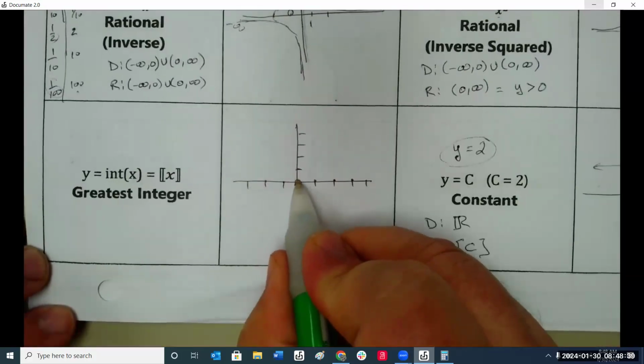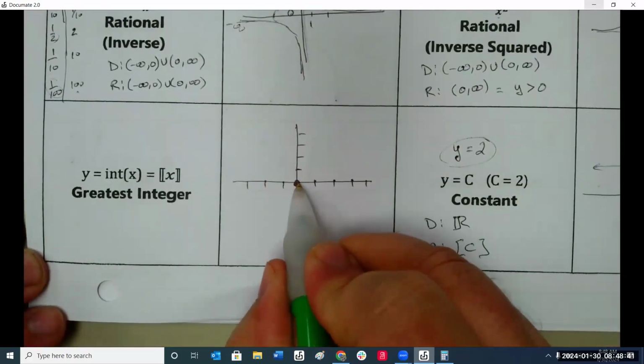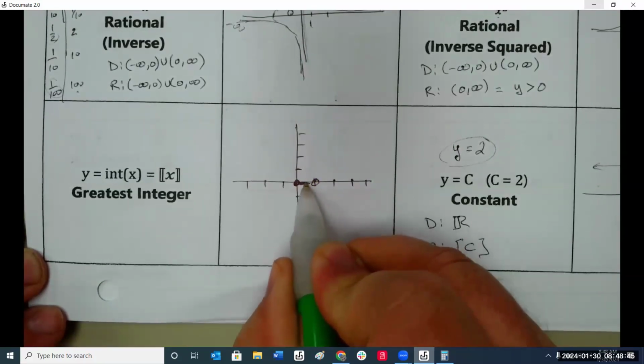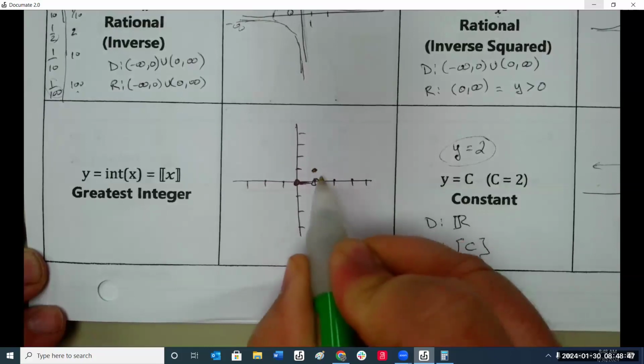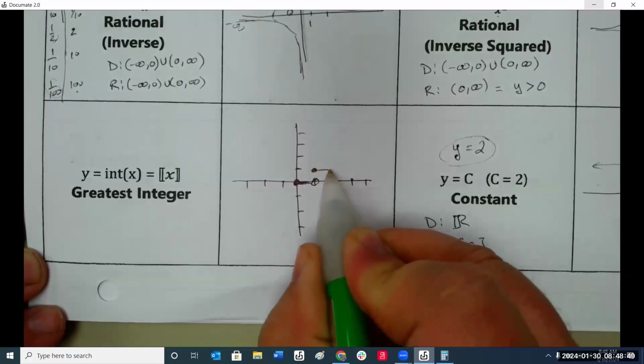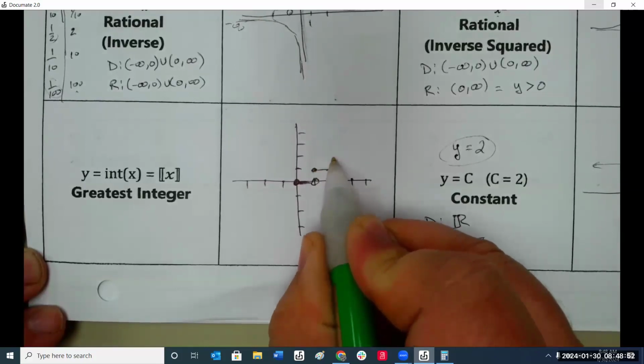So at 0, the answer is 0. 0.9 or 0.5, it's 0. When it gets to 1.0, it jumps to 1. And then stays that way till it gets to 2.0, then it jumps to 2.